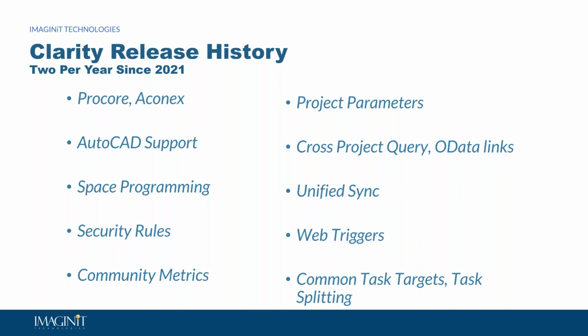Since 2021 we've added a lot of these different technologies, whether they be integrations, Procore, ACONX, different support for data, cross-project query, different support for tasks, task targets, task splitting, unified sync, web triggers to trigger on changes, a task run, and these different areas we've added through the years.